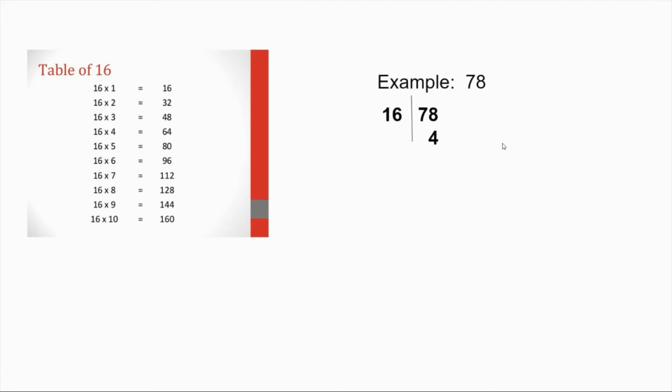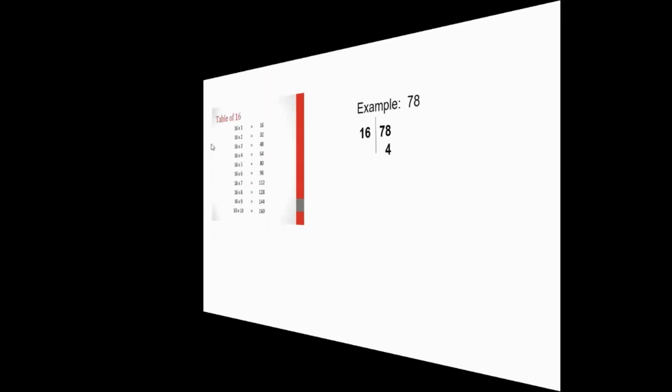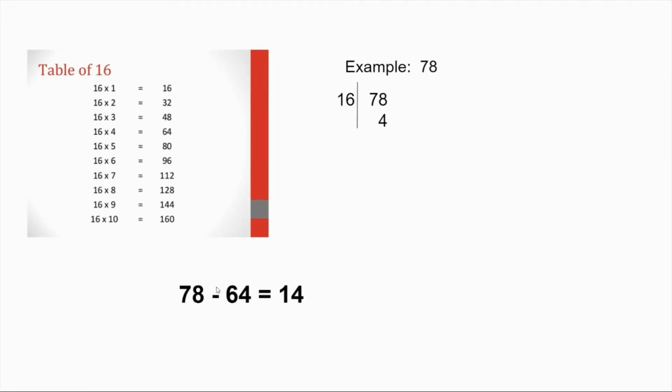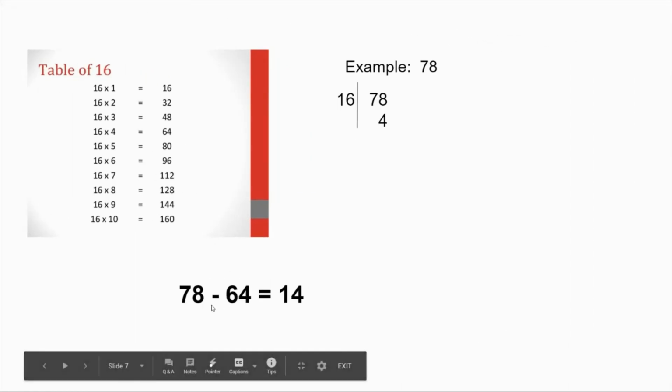With that in mind, we are going to write the number 4 below the 78. So we have here the 4. And then we are going to subtract 64 from the number that we would like to convert. We subtract 78 by 64, and that will be 14. Where did we get 64?